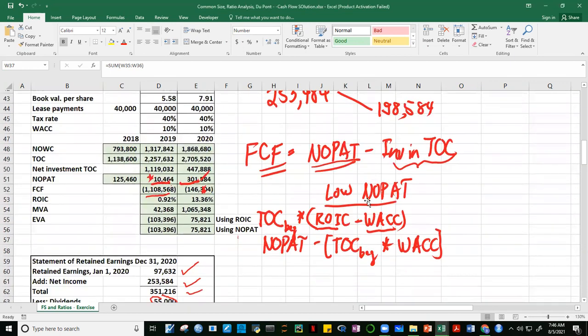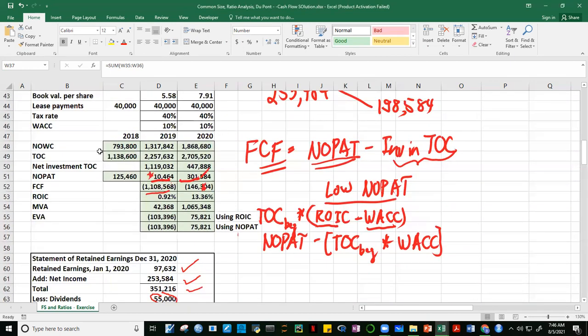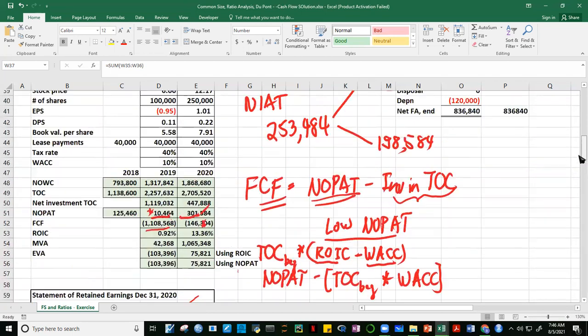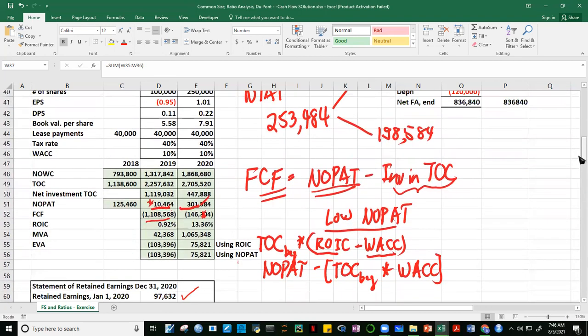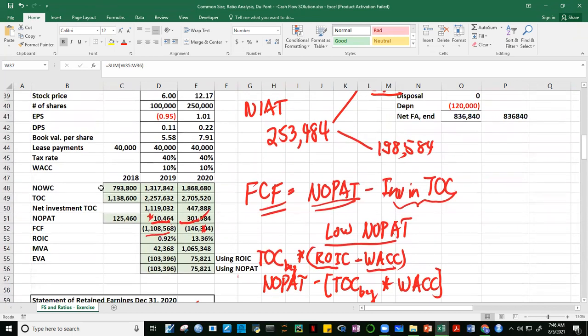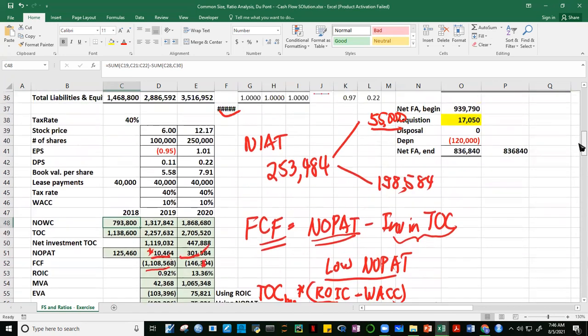Okay, then here guys, yung mga measures, yung net operating working capital, total operating capital. Okay, so let's look at this. For net operating working capital, we learned that this is defined as operating current assets minus operating current liabilities.